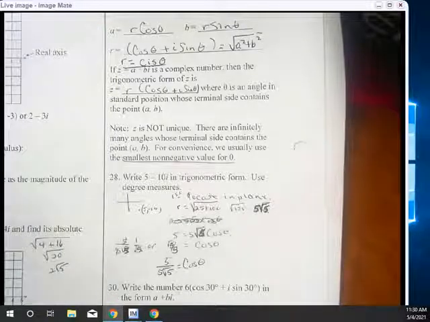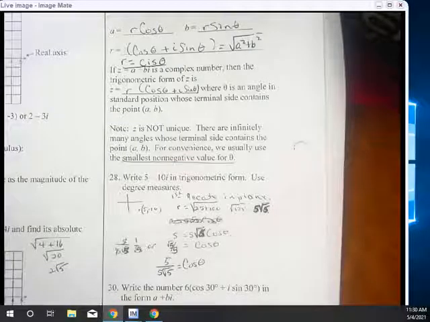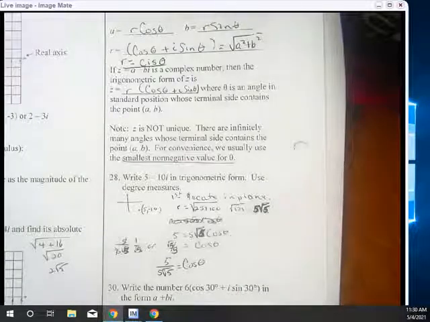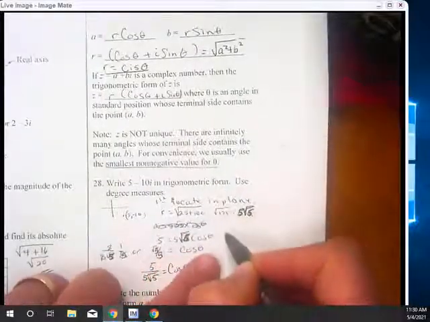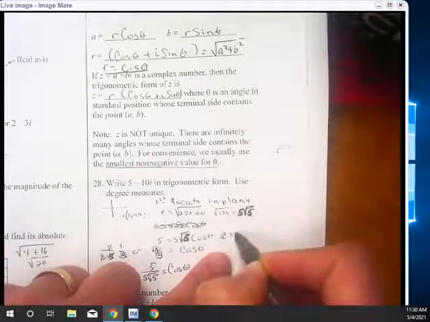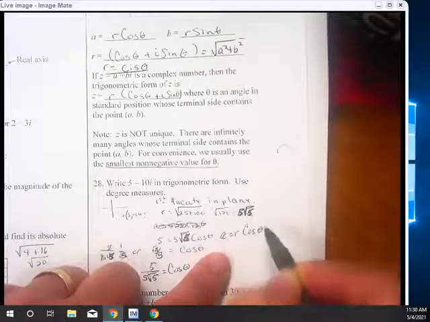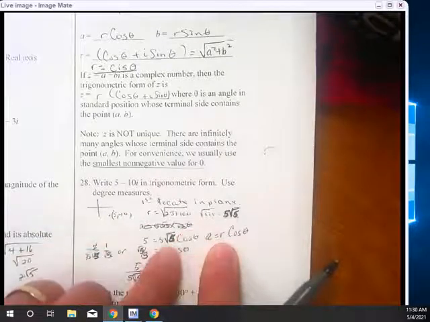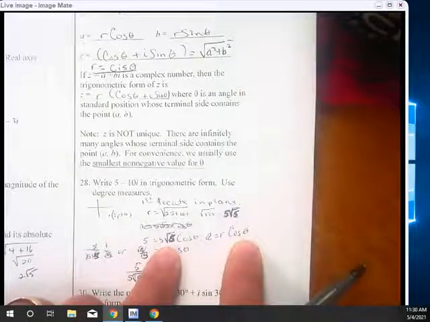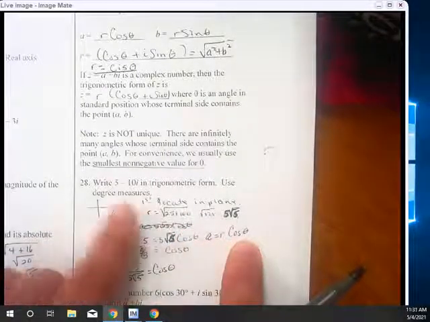Ms. Philpott, where would you put the 5 for the r? Because I thought the r was 5 square root of 5. Or is that the z? Okay, so what I am doing is I am finding the a value using r cosine theta. r is the 5 square root 5 times the cosine of theta equals the a value, which is the first one.